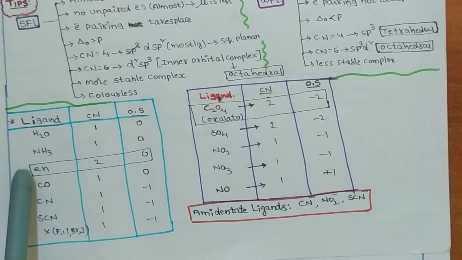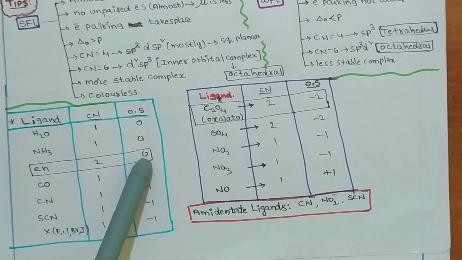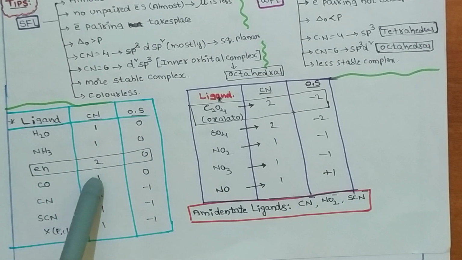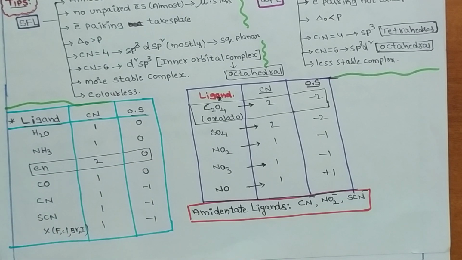Ethylene diamine has 2 donor sites, so its denticity is 2, coordination number 2, oxidation state 0. Carbon monoxide: coordination number 1, denticity 1, oxidation state 0. Cyanide: denticity 1, oxidation state -1. Thiocyanate: denticity 1, oxidation state -1. Halogens: 1, oxidation state -1.